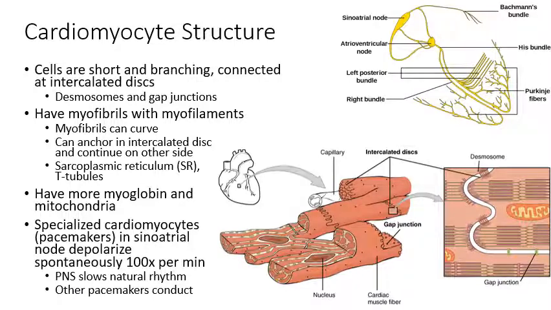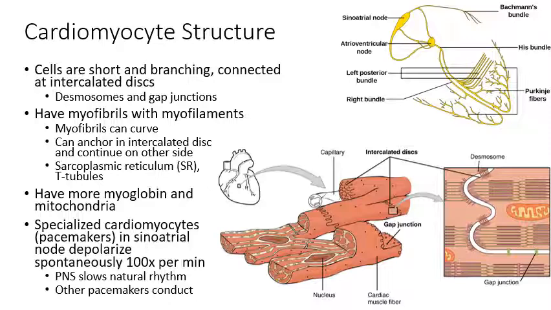Cardiac myocytes also have the sarcoplasmic reticulum and the T-tubules, just like skeletal muscle cells do. Some other differences, some internal differences, are that they have more myoglobin than skeletal muscle cells, and they have more mitochondria than skeletal muscle cells. Myoglobin, as you may remember, is a protein similar to hemoglobin that binds oxygen in muscle, and it basically acts as like an oxygen reserve, just a little oxygen storage depot.